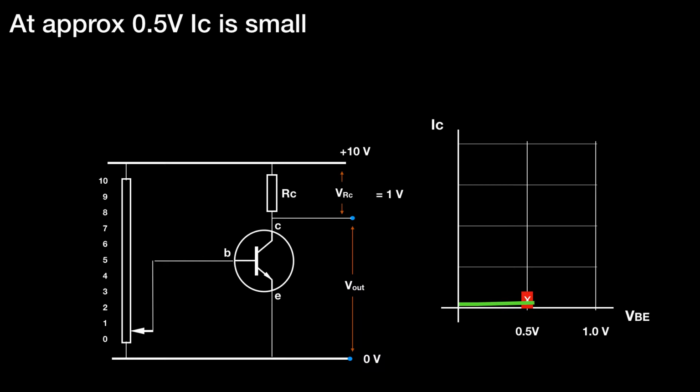This is an arbitrary value that just might be a valid example, not based on any maths, but we might see 1 volt developed across the collector resistor. And if this is the case, then Kirchhoff again tells us that 9 volts will be developed across the remainder of the circuit, in other words, the collector emitter.